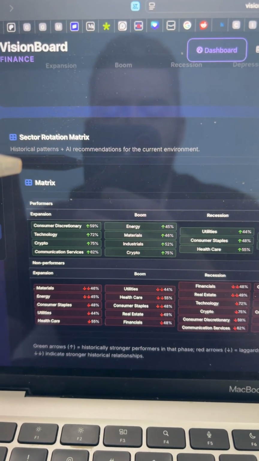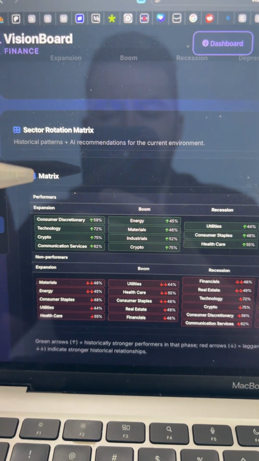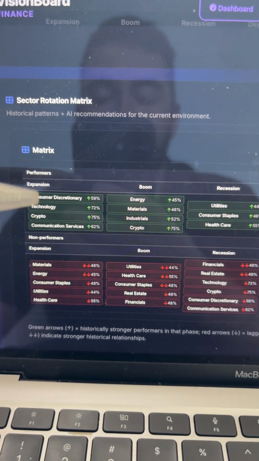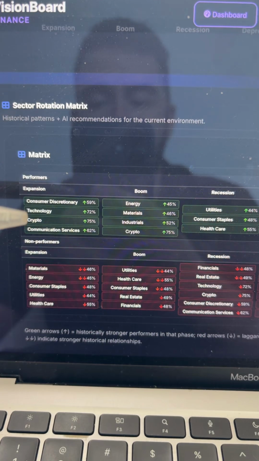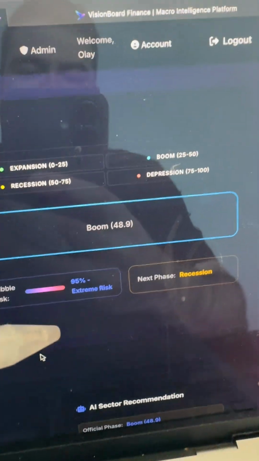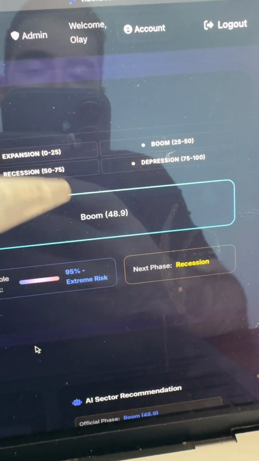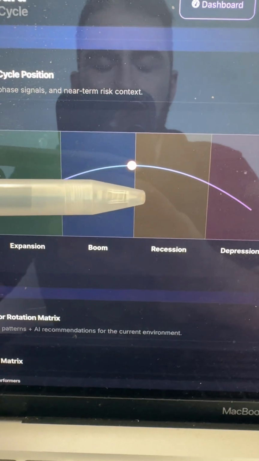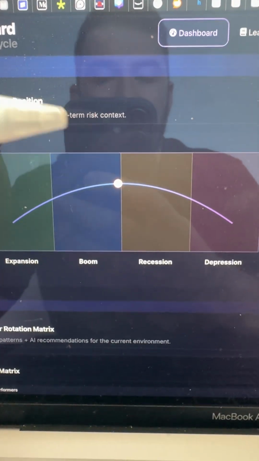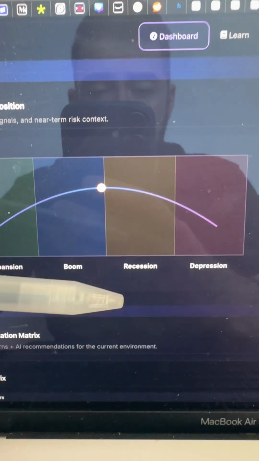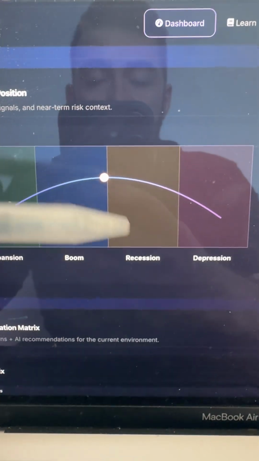The thing is that we have data of each sector in the economy, in the markets, that benefit during a certain phase and do not perform as well during a certain phase. So right now our indicator is showing 48.9, which is right in the middle, which we were for so many years, because we're in a situation where interest rates cannot go over the inflation rate to lower it effectively.